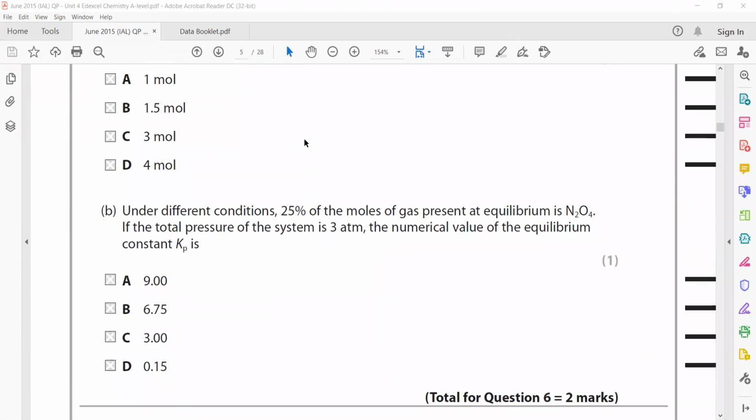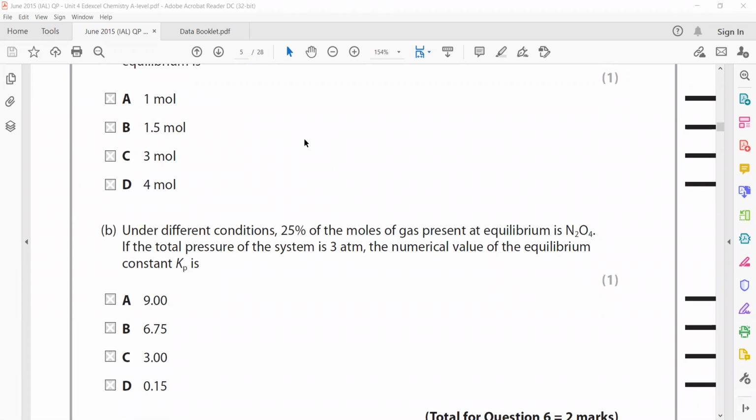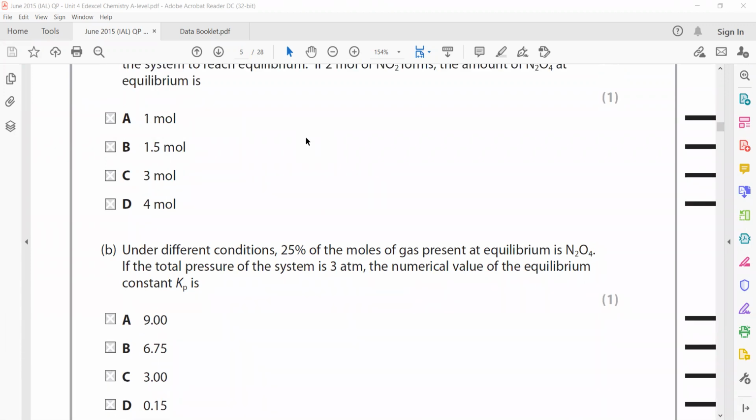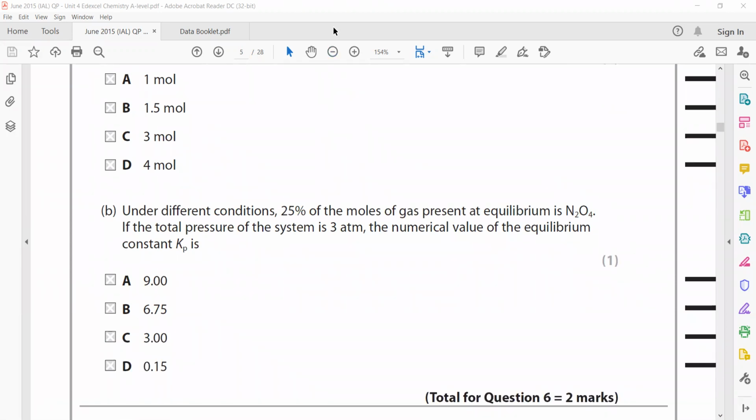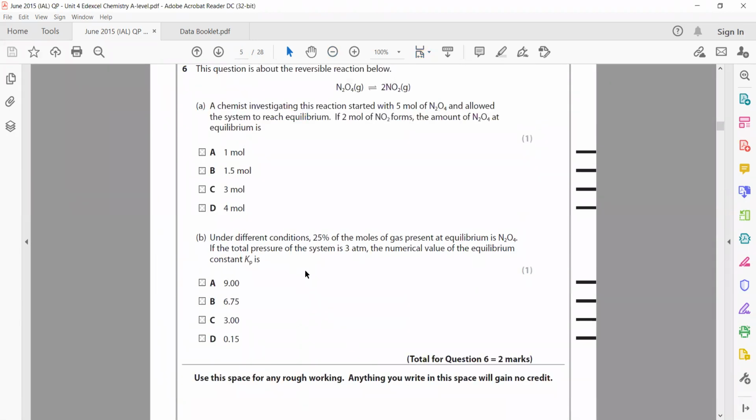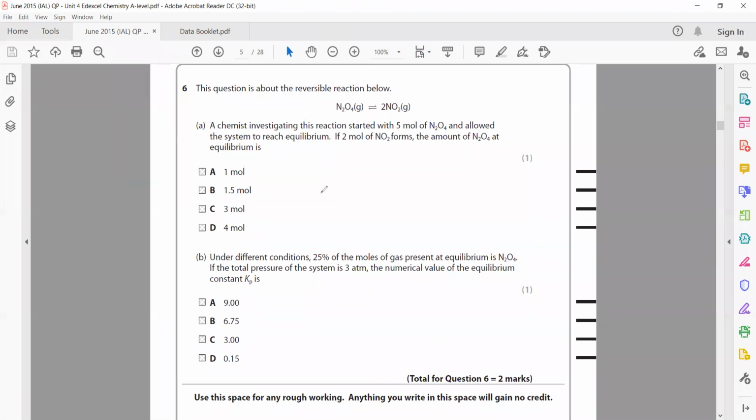Under different conditions, 25% of moles of gas present at equilibrium is N2O4. If the total pressure of the system is 3 atm, what is the numerical value of the equilibrium constant Kp? So if 25% is N2O4, the remaining 75% will be NO2. So the total pressure is 3.